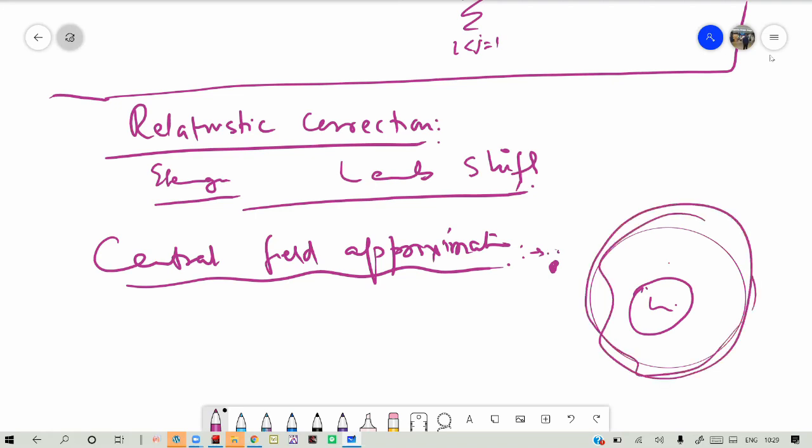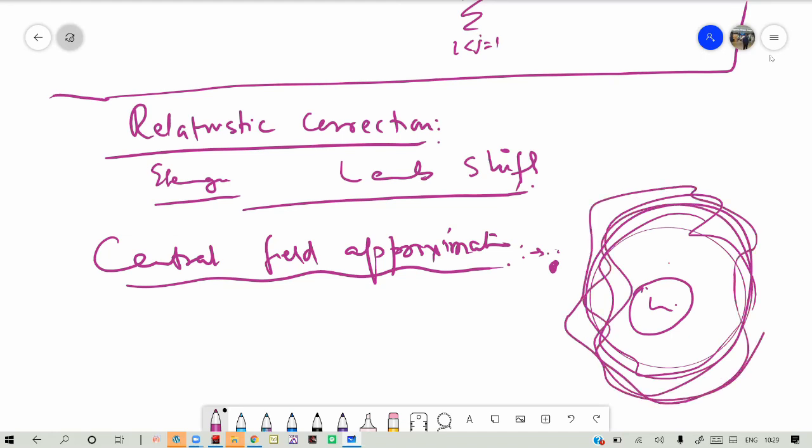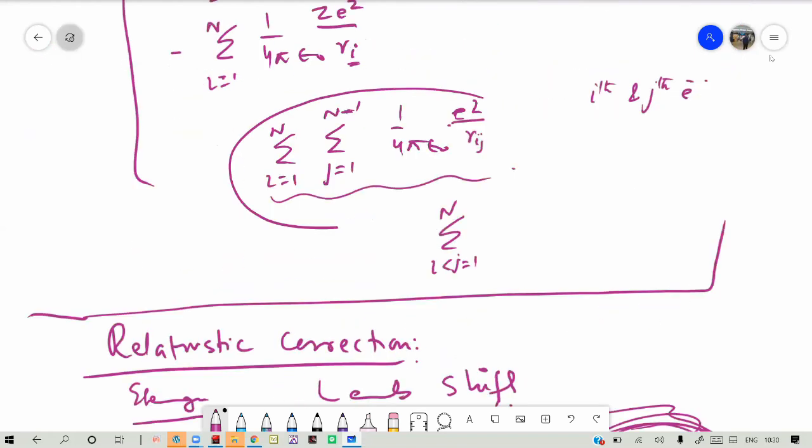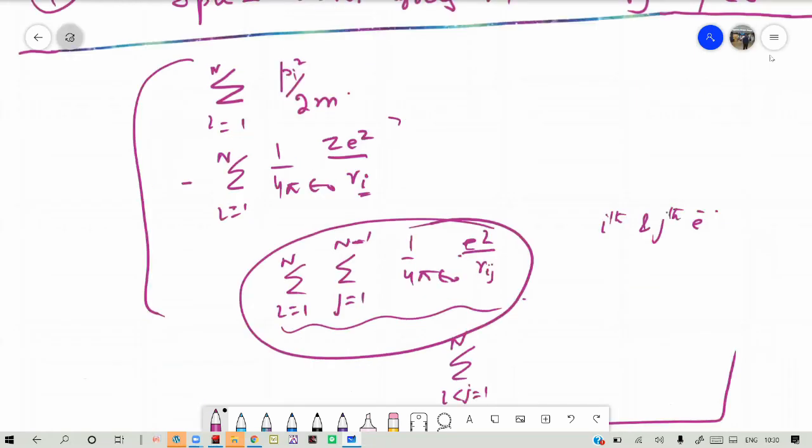This potential includes all the interactions we have discussed above, especially the mutual interaction and the nuclear kinetic energy.